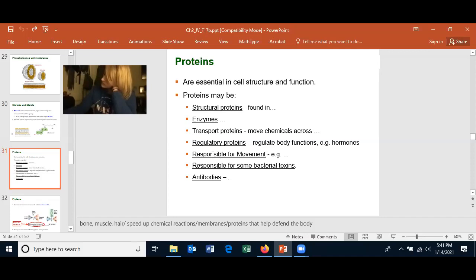The reason why proteins are more diverse than the other biological molecule is because they are composed of monomers, but they're composed of more monomers than the other biological molecule. Meaning carbohydrates are composed of a handful of monomers. Lipids are composed of maybe a dozen monomers. But most of them are just a handful of the monomers.